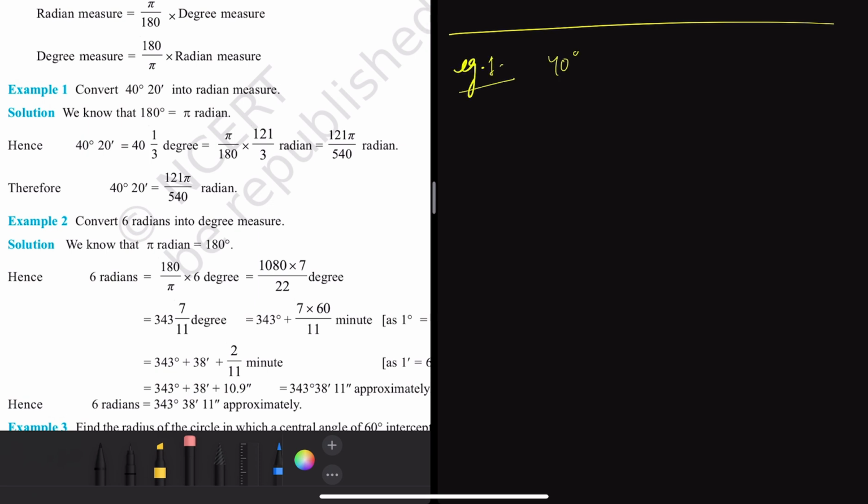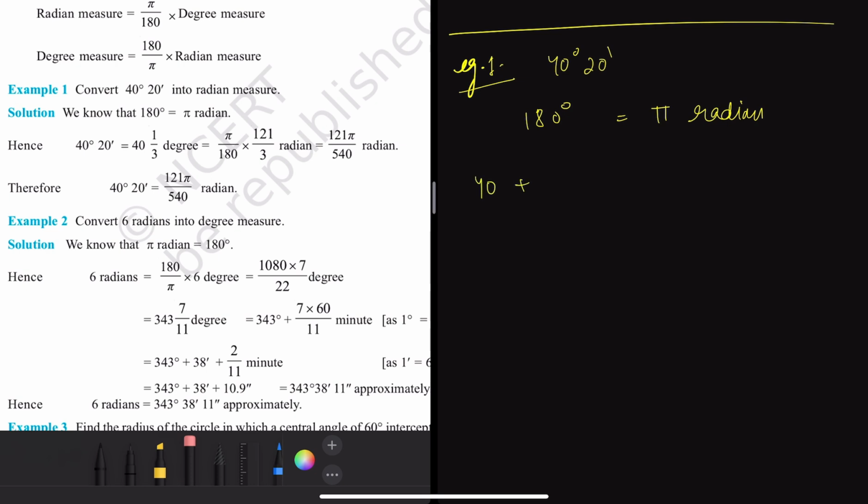We have 40 degrees and 20 minutes and we have to convert it into a radian measure. Now we know that 180 degrees is equal to pi radians. To convert 40 degrees and 20 minutes, we will first convert it into a mixed fraction or a normal fraction. So 40 degrees is fine.